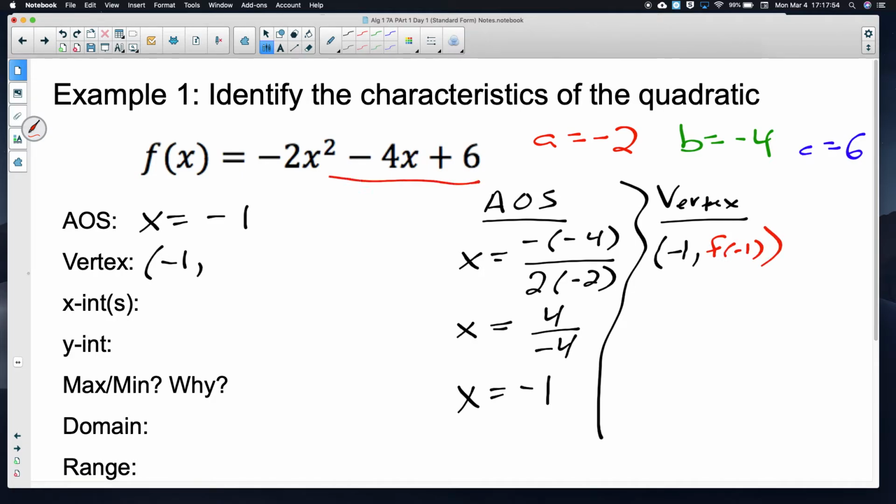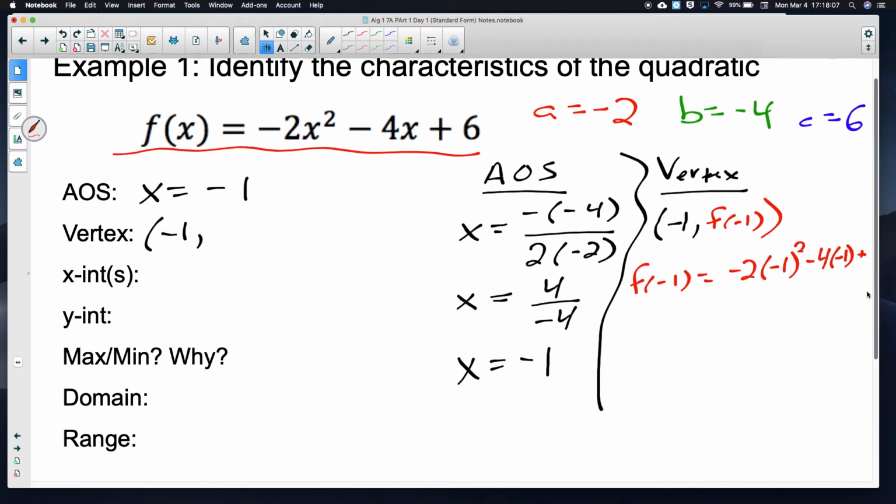So f of -1 is -2 times -1 squared minus 4 times -1 plus 6.